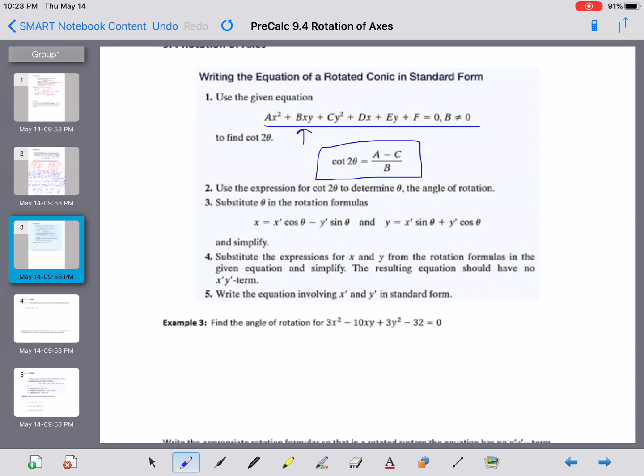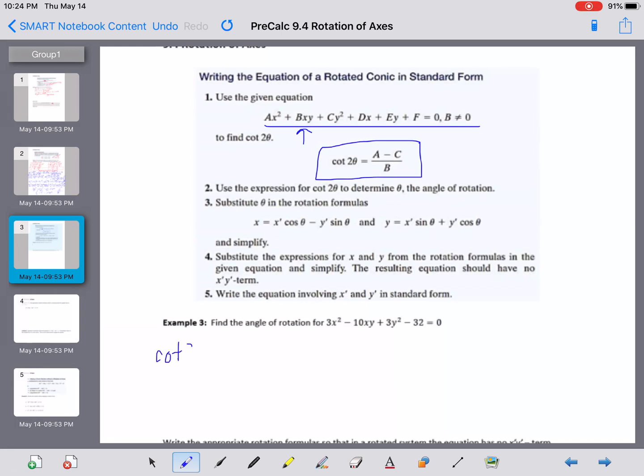So for example 3 here, we're going to find the angle of rotation for 3x squared minus 10xy plus 3y squared minus 32 equals 0. And for right now, we're just finding our angle of rotation, okay? So we're going to use this equation, cotangent of 2 theta equals a minus c over b.